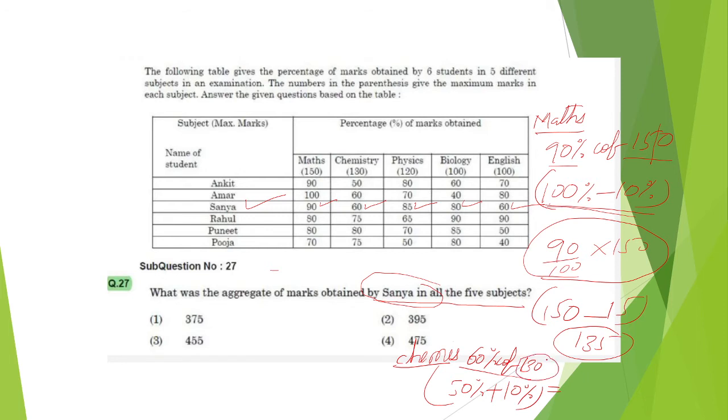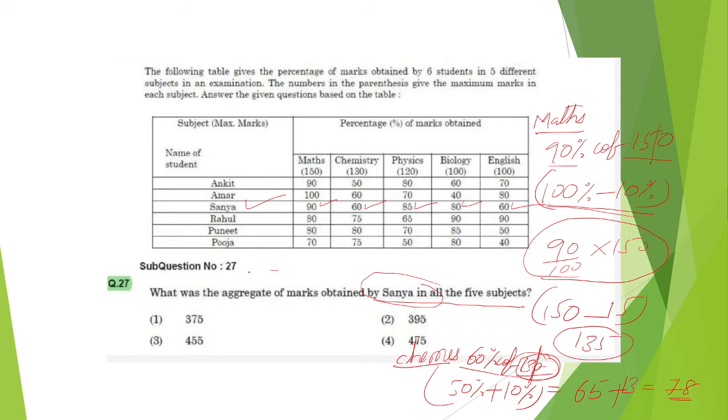What is half of 130? 65. Plus what is the 10 percentage of 130? We have to cut the last zero. This is 100 percentage. 10 percentage means we have to cut one 0. Whatever is there in the last place we cut off. If any value is there we can put a point here. But here it is 0, that means we can remove that. 10 percentage means 13, so that is 78.